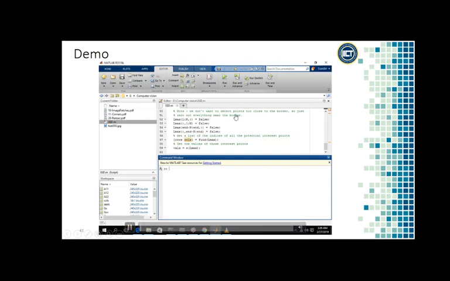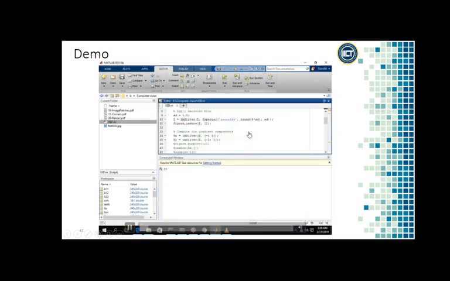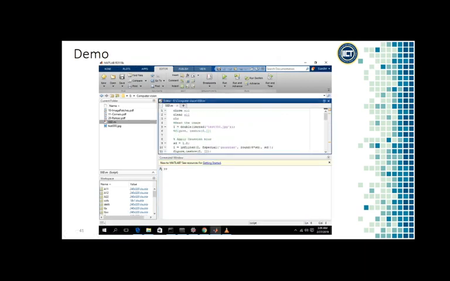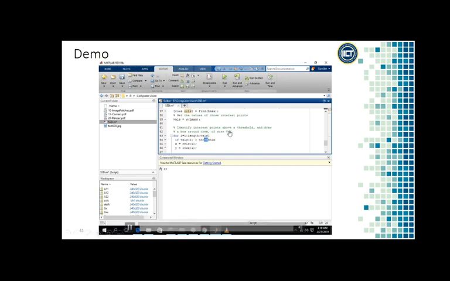So let's see what it does. We just pasted the code here, which we discussed in the last slide, and it draws the rectangle. We first have to specify the threshold.